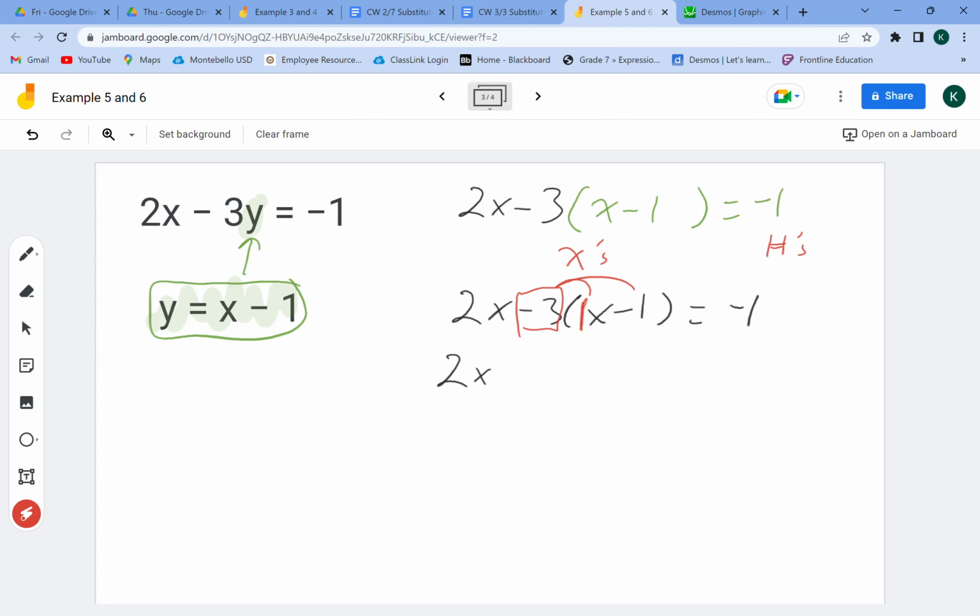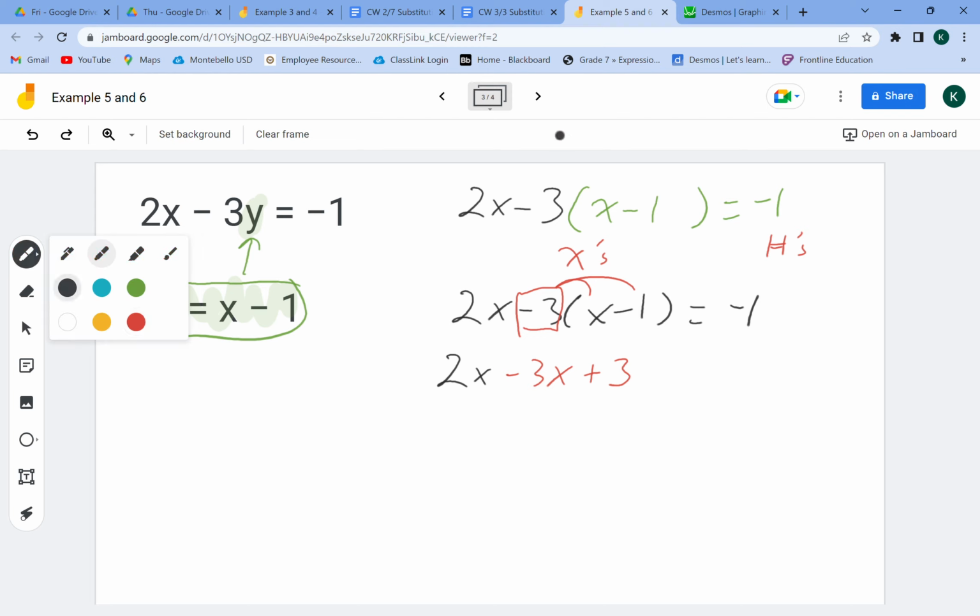And remember, there's an invisible 1 here, so it's technically 1x. It's going to give you negative 3x. Then I multiply negative 3 times negative 1, and that gives me a positive 3, so I put plus 3 is equal to negative 1.